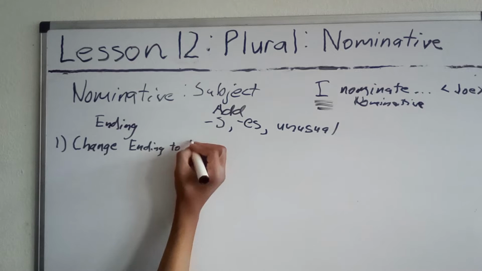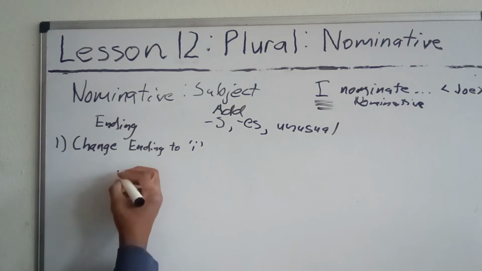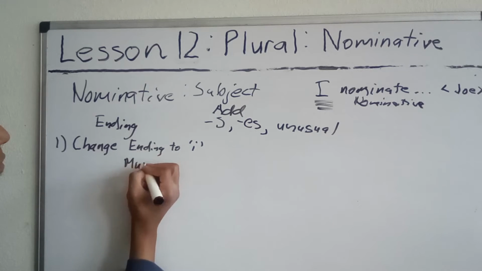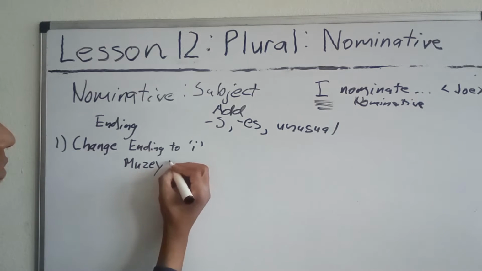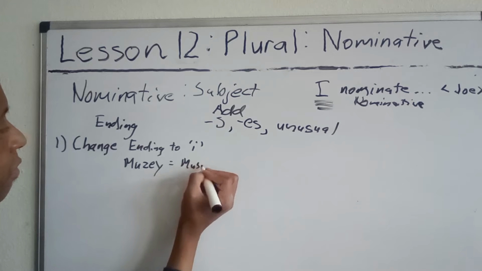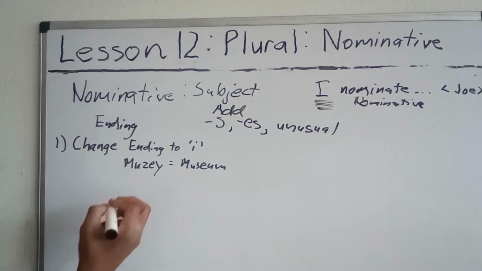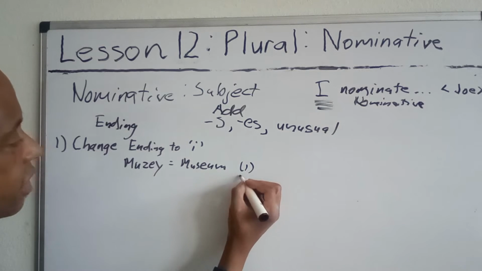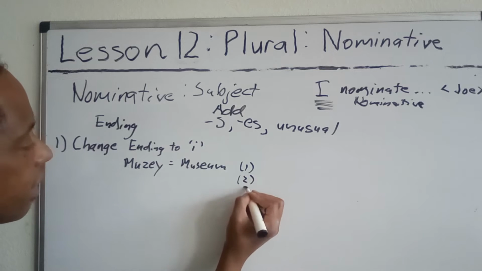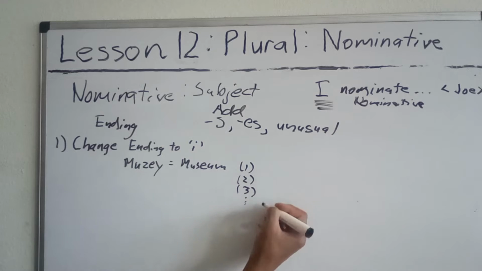to E. Change the ending to E. Example is musée, museum. Now that's one museum, just one. If you want to say two or three or however many, change it into plural.